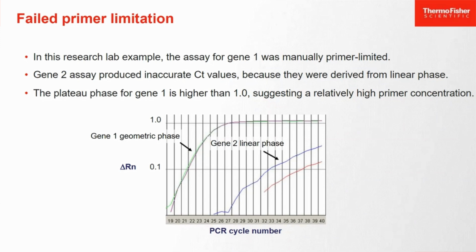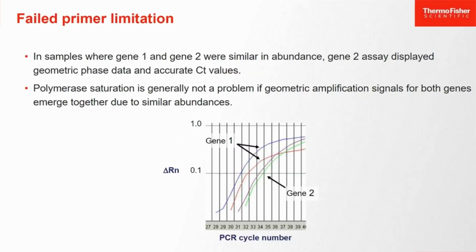Also note that the plateau for gene 1 is greater than gene 2, which suggests that a relatively high primer concentration was used for gene 1. But in the same assay, there were some samples that gave accurate results, and in those cases, the gene 2 CT values were similar to those of gene 1.